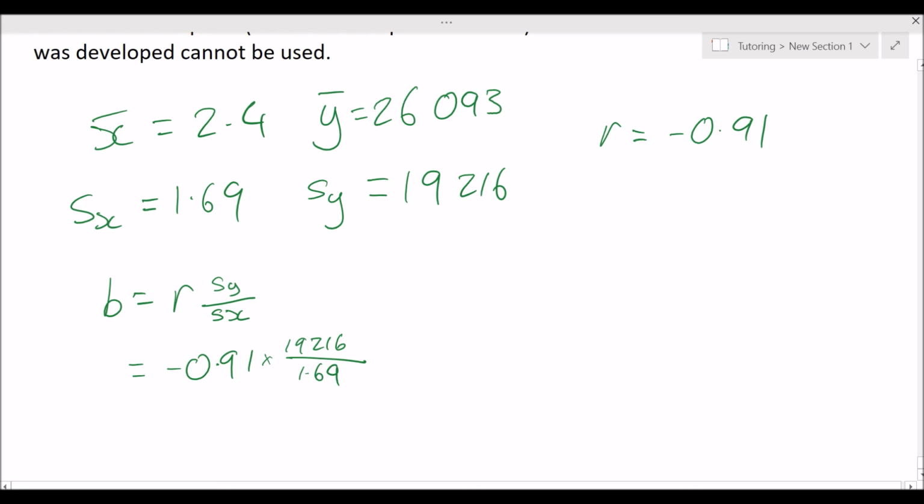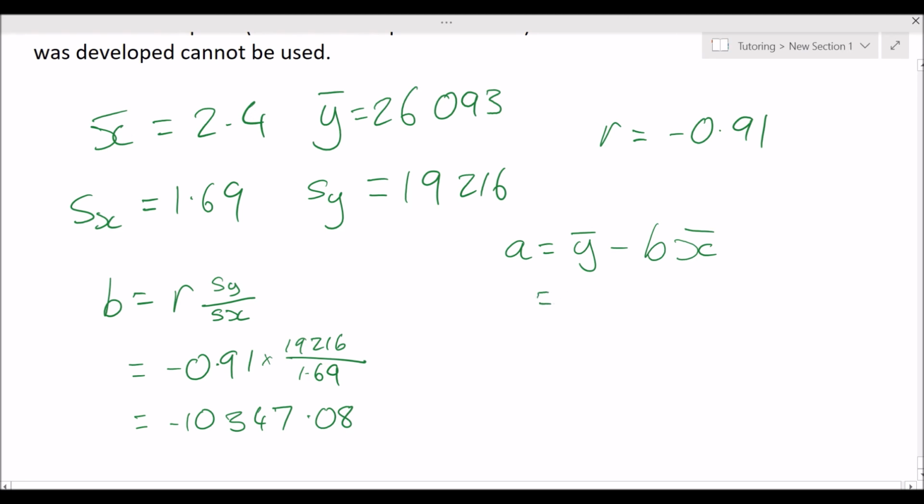And if you pop all that into your calculator, you should get negative 10,347.08 as our slope. For the y-intercept, the formula is a equals the mean of y, take away the slope times the mean of x.